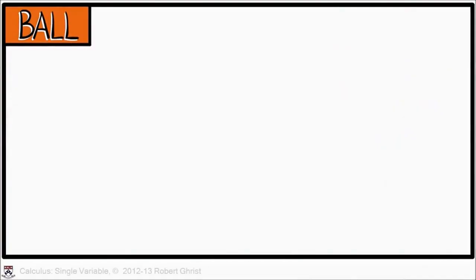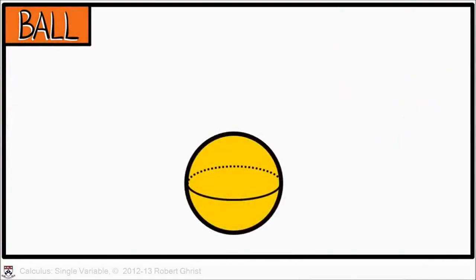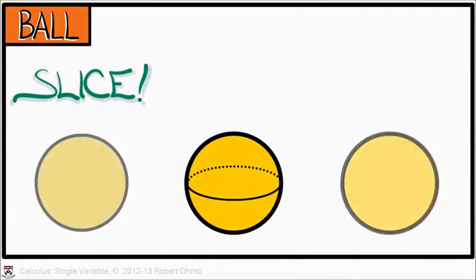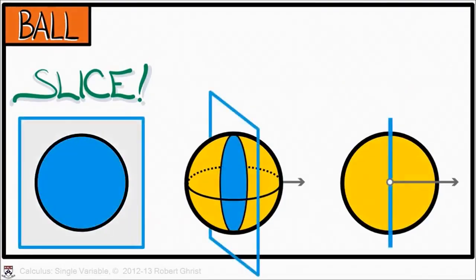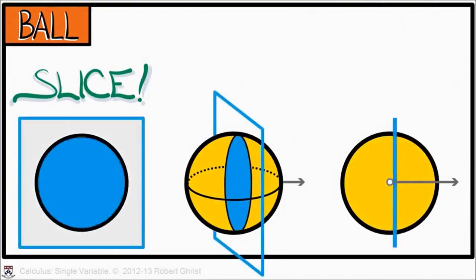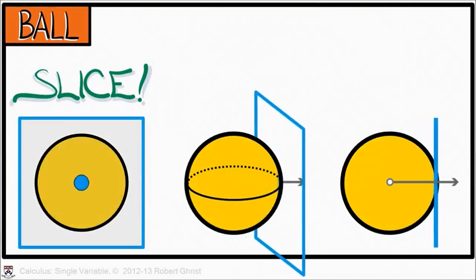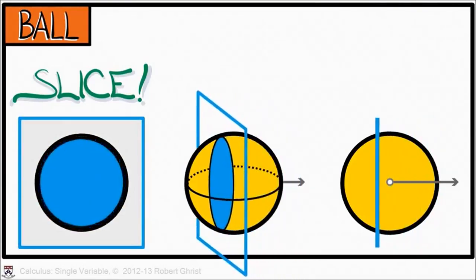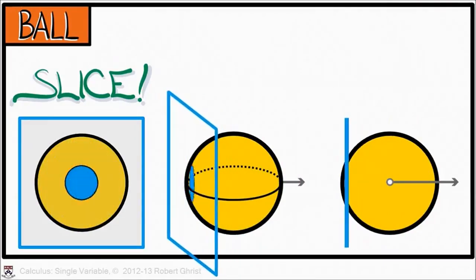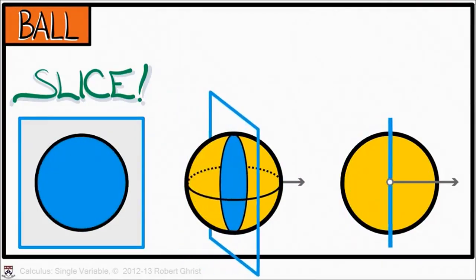Recall how we computed the volume of a three-dimensional ball. We sliced it by a two-dimensional plane, obtaining a two-dimensional ball whose radius varied according to where the slicing took place.